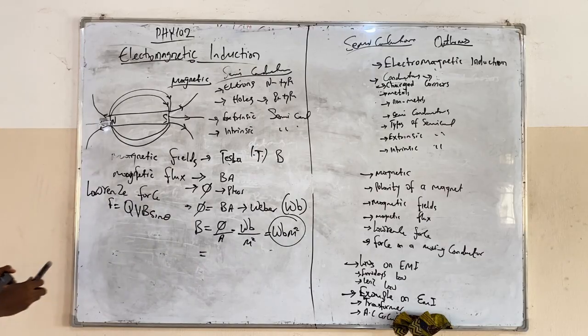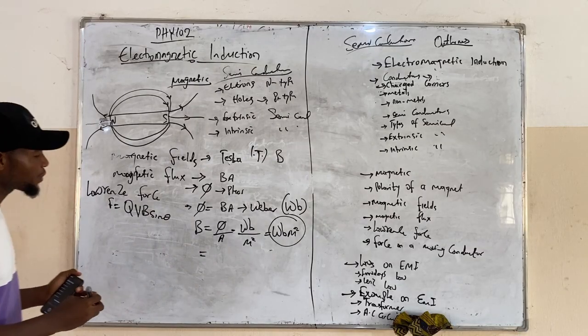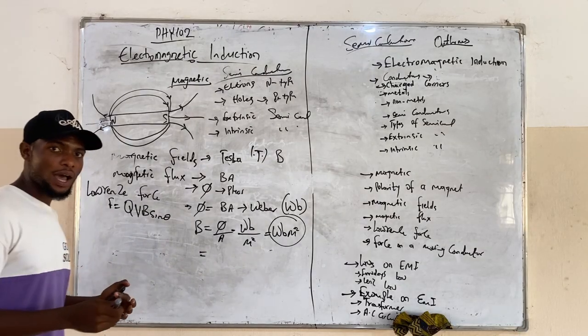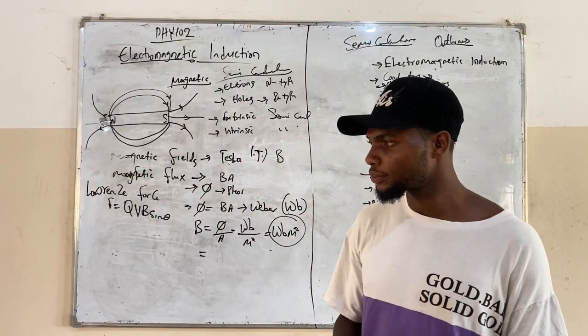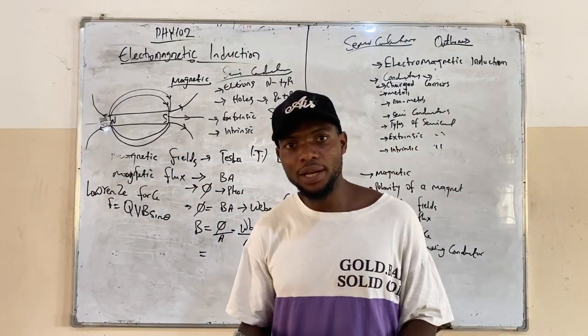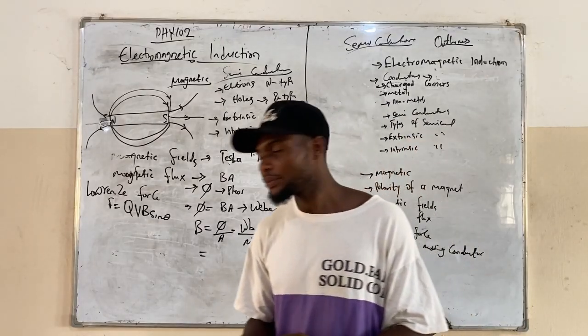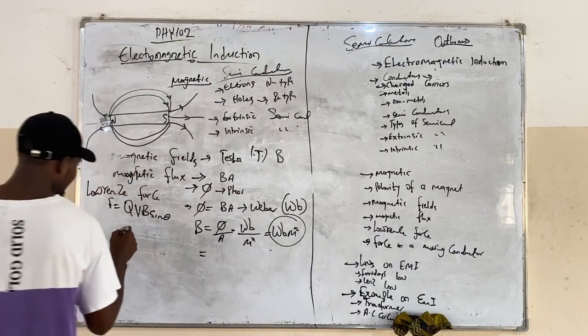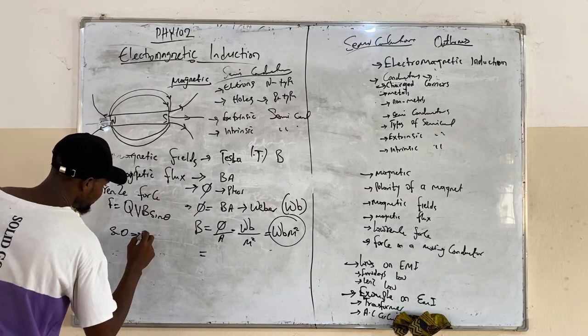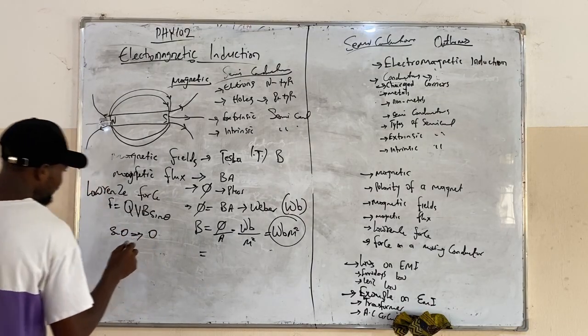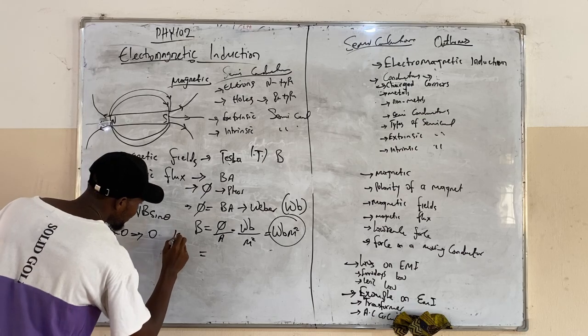Now, take for instance if the angles are parallel. For parallel angles, the angle is 0, and sine 0 gives you 0, which is equivalent to 180.